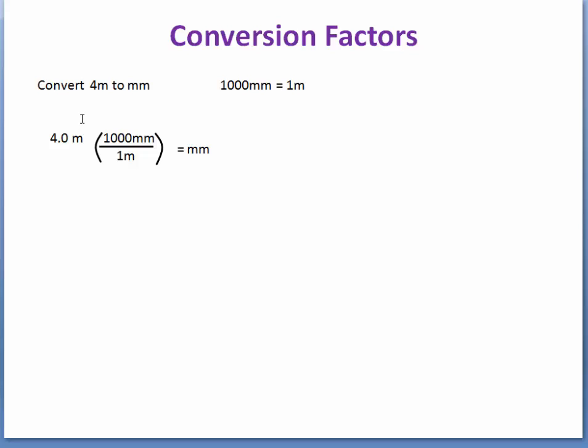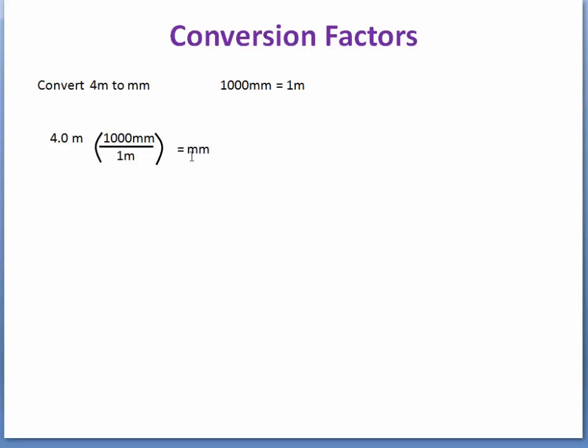We've been asked to convert 4 meters to millimeters. We know there are 100 centimeters in 1 meter. Therefore, we know that there are 1,000 millimeters in 1 meter. So this is going to be our conversion unit. Write out our workings. So given units, 4 meters, on the left hand side.